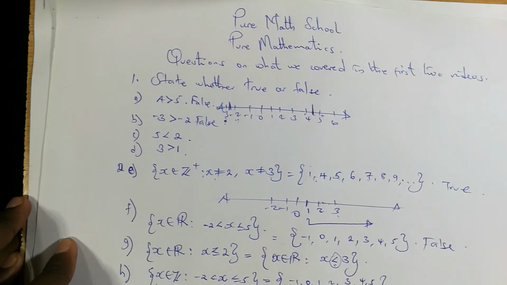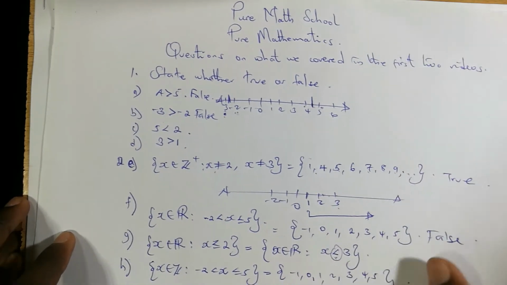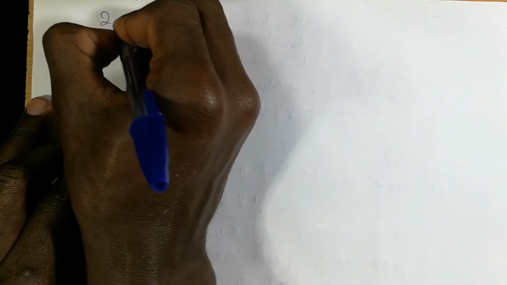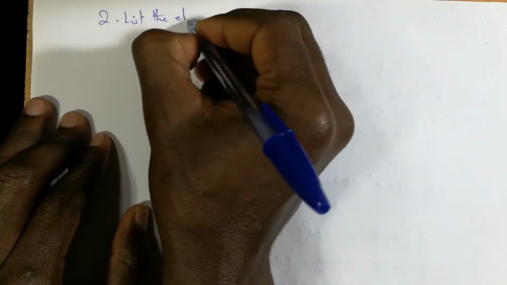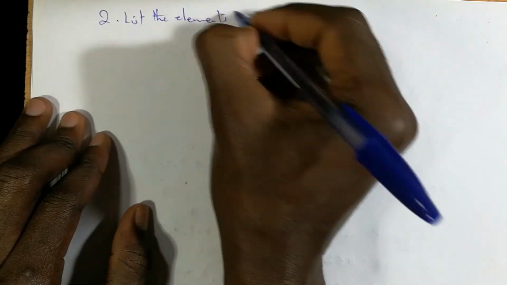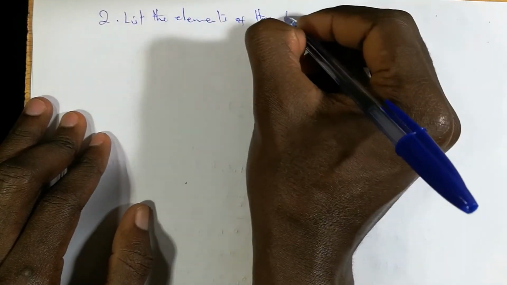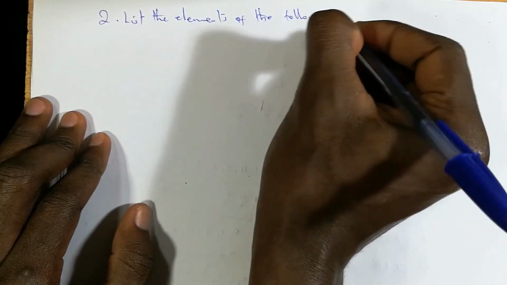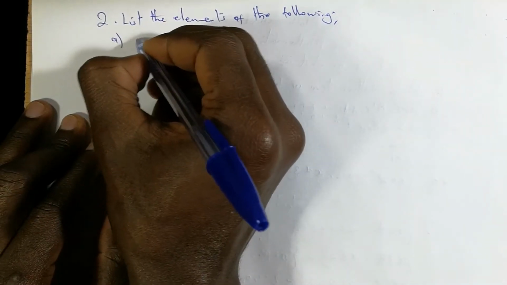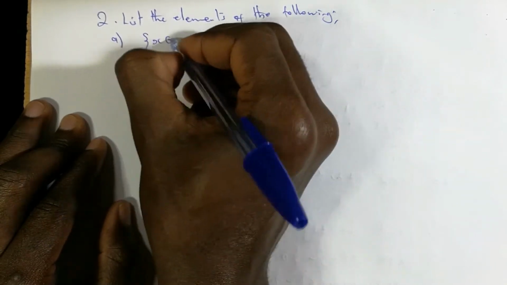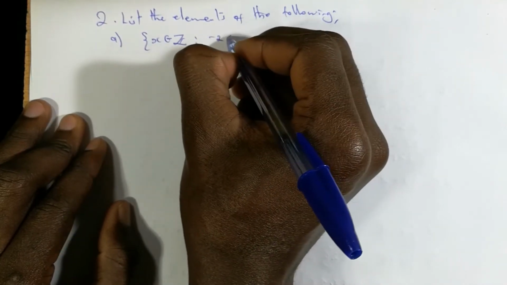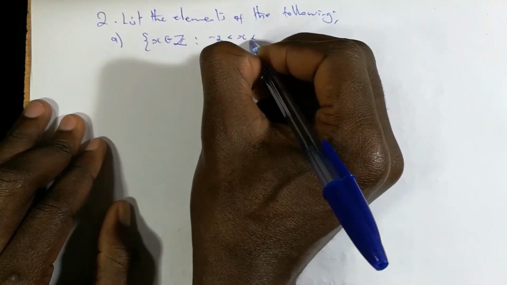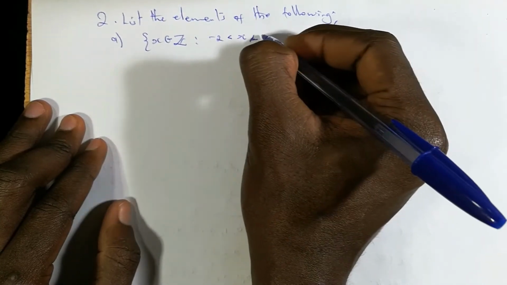And let's go to another set of questions we can look at today. That's question 2. We can list the elements of the following: A, let me say x being an integer, -2 less than x, less than 4.